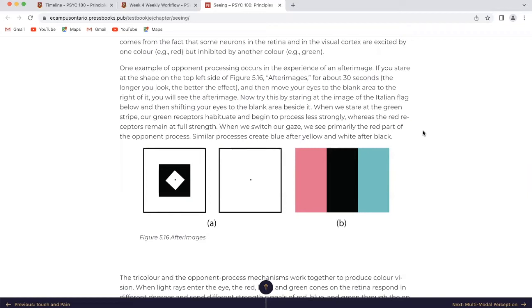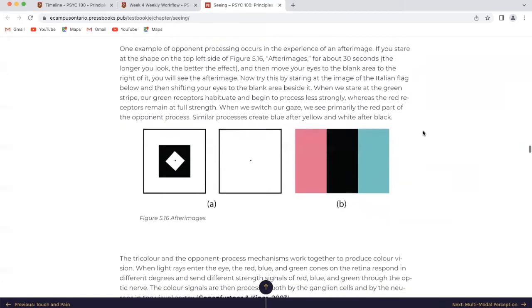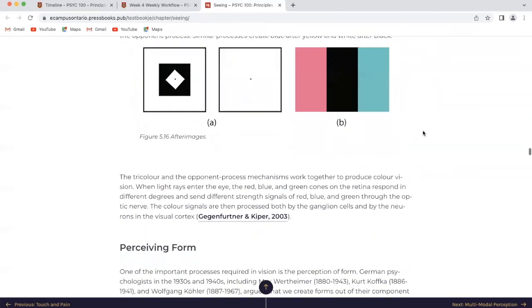This is too fascinating. When we stare at the green stripe, our green receptors habituate and begin to process less strongly, whereas the red receptors remain at full strength. When we switch our gaze, we see primarily the red part of the opponent process. Similar processes create blue after yellow and white after black.